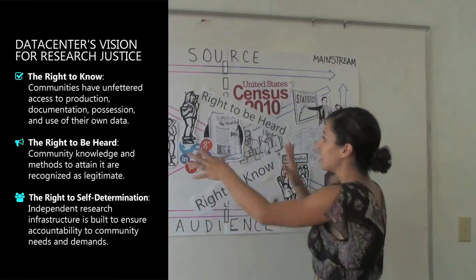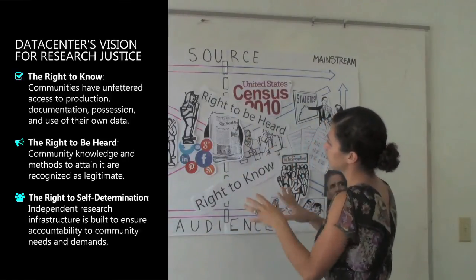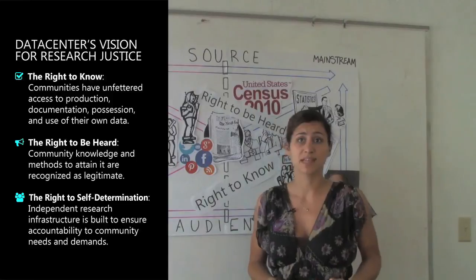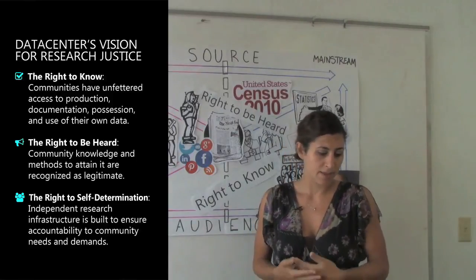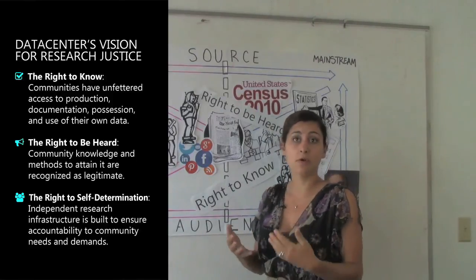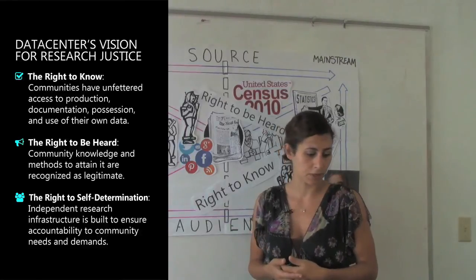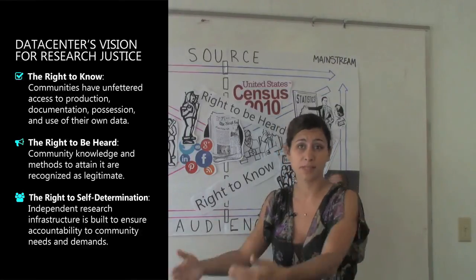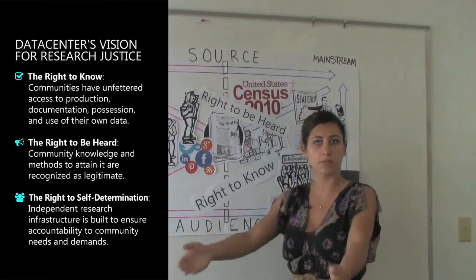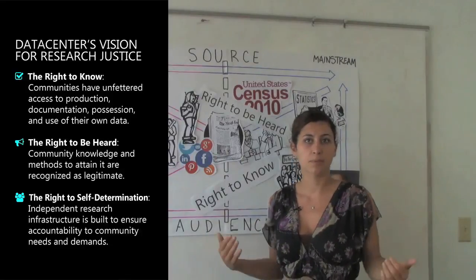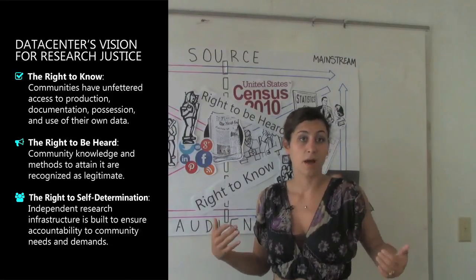We also see the process of breaking those barriers as communities' right to self-determination. And this means that we need to be building our own independent research infrastructure to ensure that there's accountability to our communities, that the research that we're putting out actually improves the livelihoods of our folks.